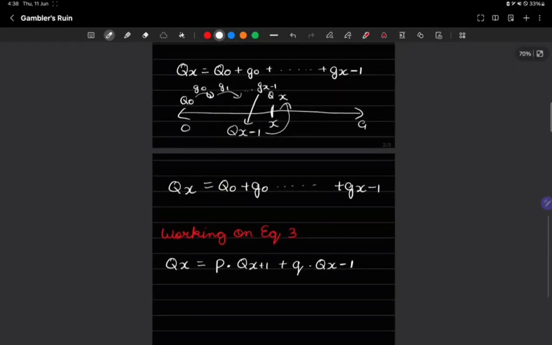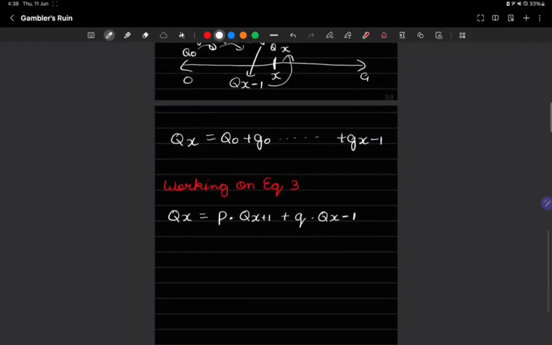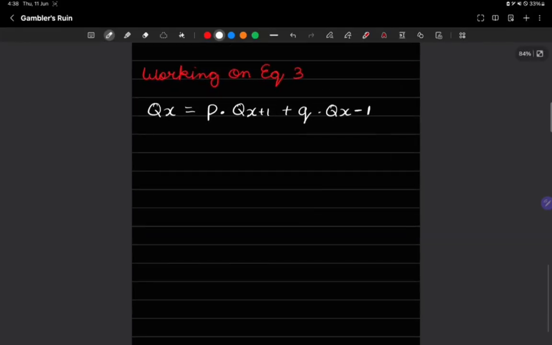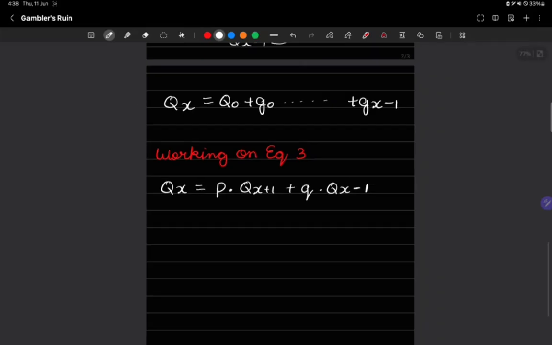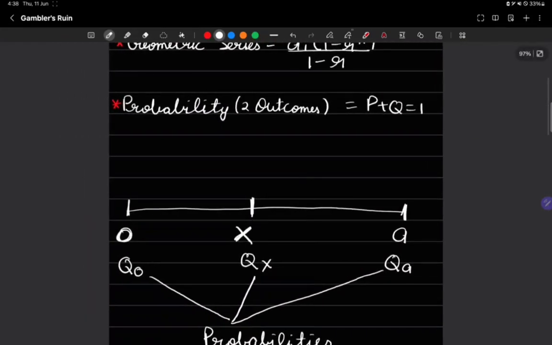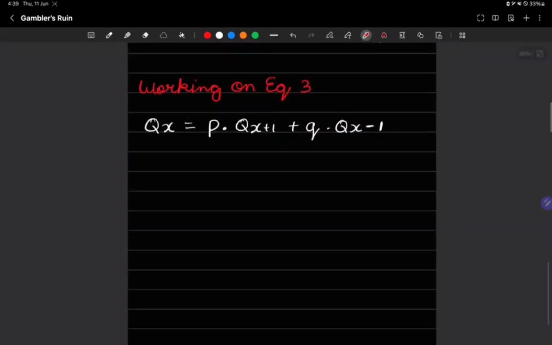The reason I introduced gaps will be soon discovered while solving this equation. As you remember, the probability of two outcomes was p plus q equals 1.